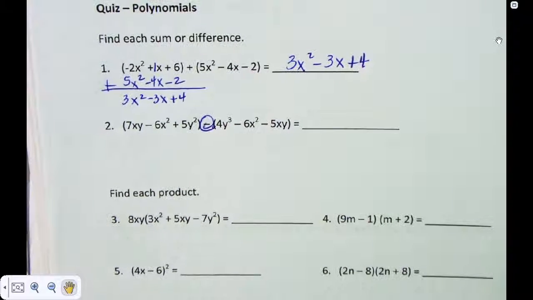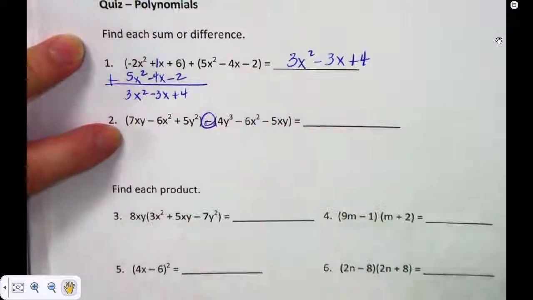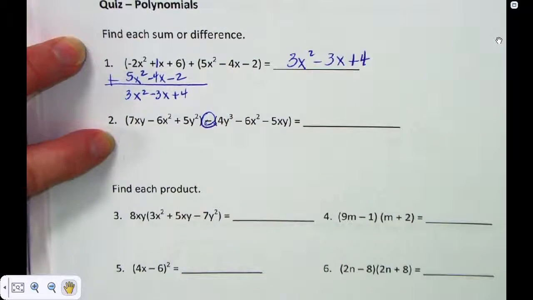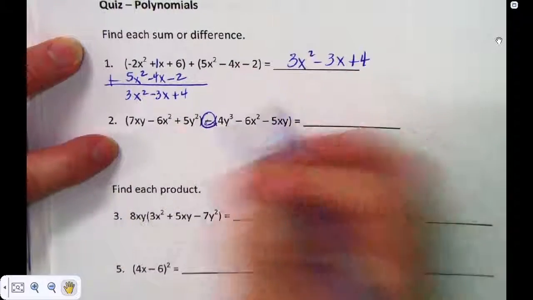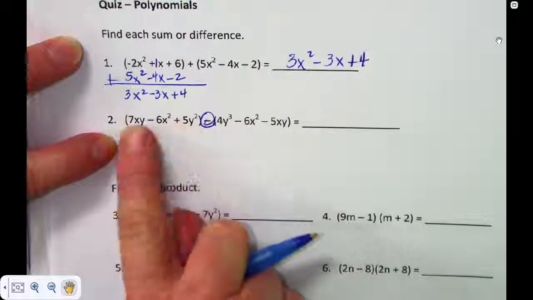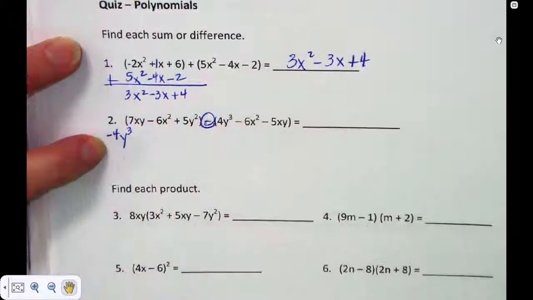I think next year I'm just not even going to make it optional, I'm going to make them do it. Because some of you are trying to change the signs in here, and then you're getting yourself totally mixed up. So this is going to be minus 4y cubed. Well, there's not another y cubed over there, so I'm just going to put it out to the side.